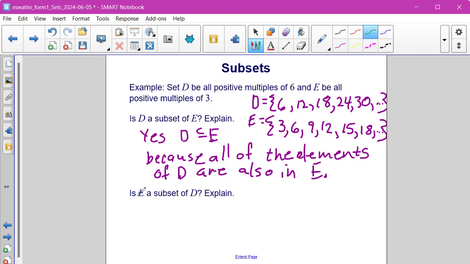Now let's look at the second question. Is E a subset of D? Explain.